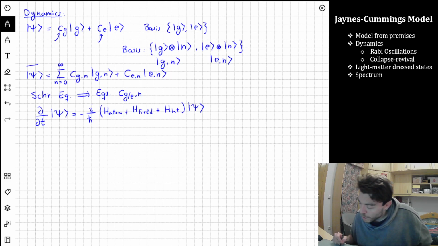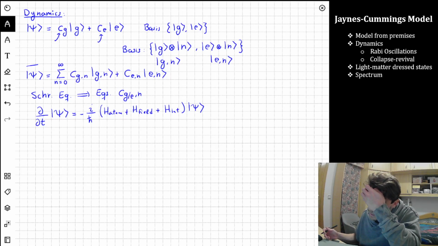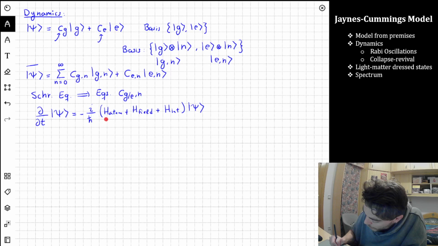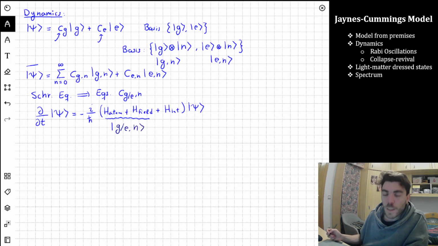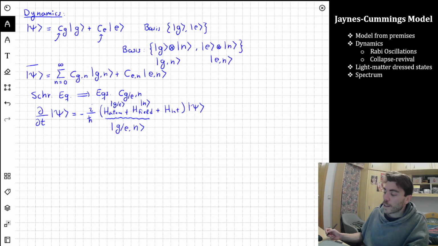Okay, and one can actually apply all this Hamiltonian to get the equations. But now let's look at it a little bit without actually doing the math. The Hamiltonian of the atom and the Hamiltonian of the field, of course, have as eigenstates |g,n> and |e,n>. These are eigenstates of the unperturbed Hamiltonian, clearly, because n diagonalizes the Hamiltonian of the light field, and g or e are the eigenstates of the Hamiltonian of the atom.